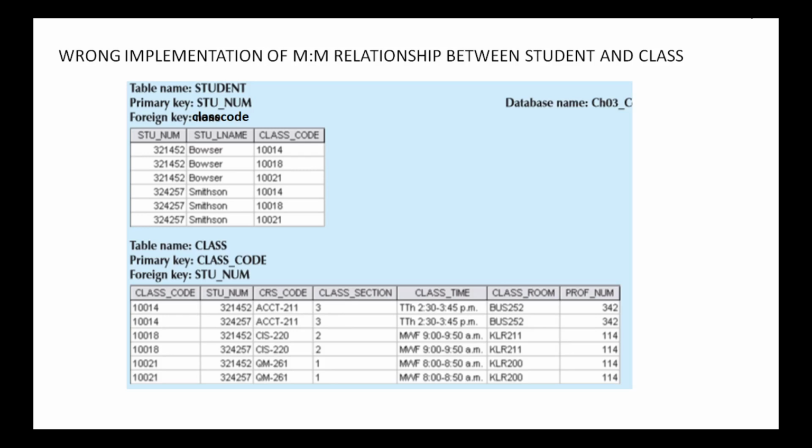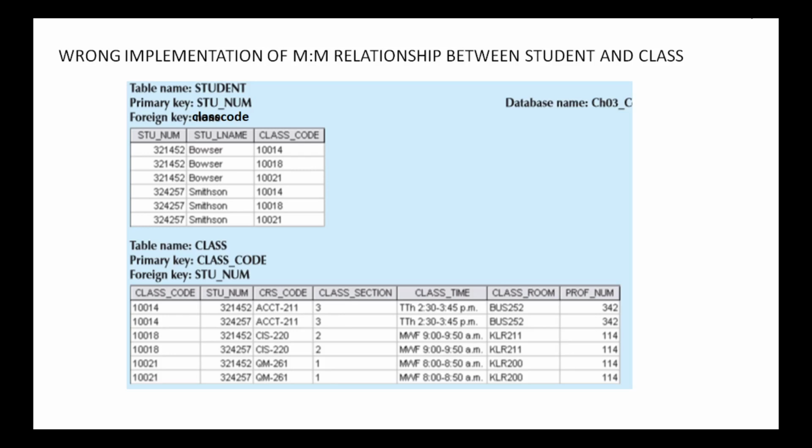Here are the student table and class table. In the student table, the primary key is student number and the foreign key is class code. A foreign key refers only to its primary key values. That means that column only allows primary key column values. It doesn't allow other values, which ensures data consistency and integrity of databases.